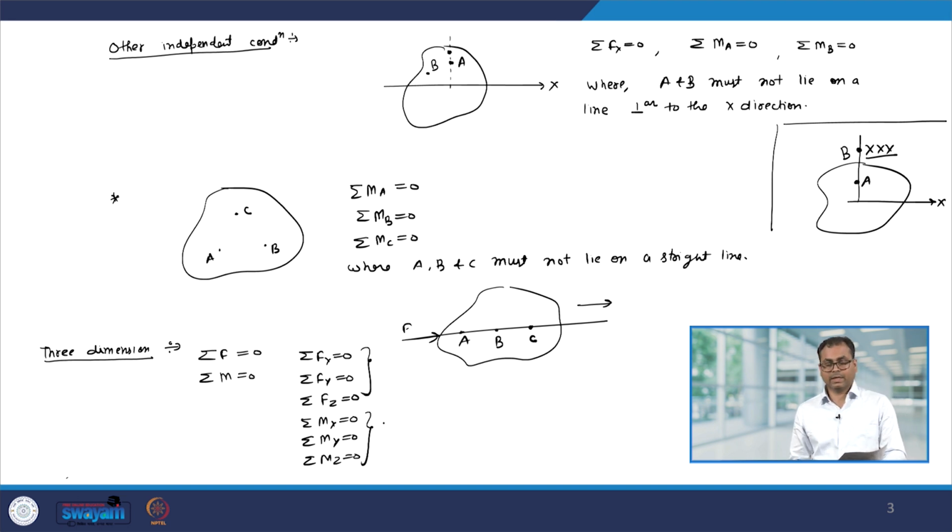So, these are 6 independent equations. Note that for equilibrium, when you test, you have to test all these conditions, only then we can say that the body is in equilibrium. It might happen that some of the conditions are satisfied and some are not. If that is the case, then the body is not in equilibrium. So, these are the independent conditions and all of them should be tested.